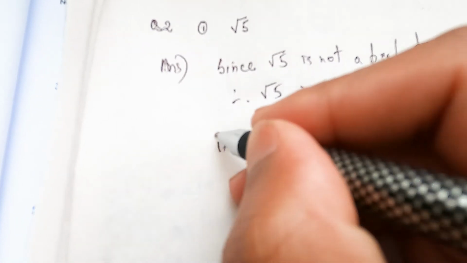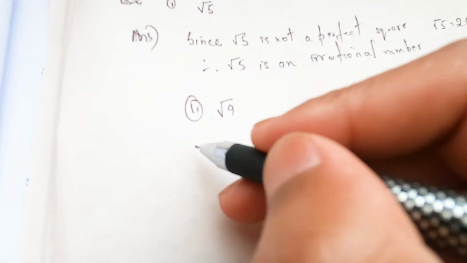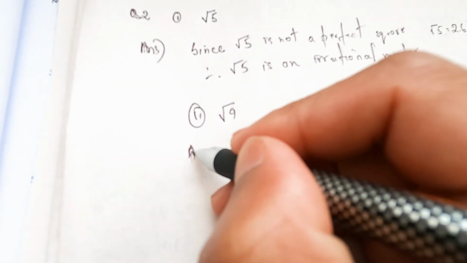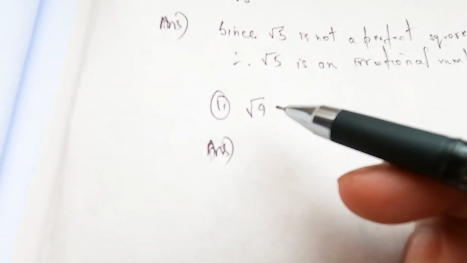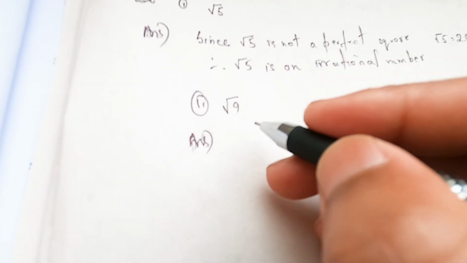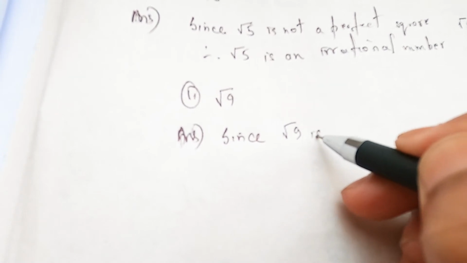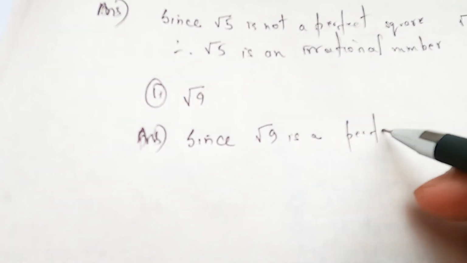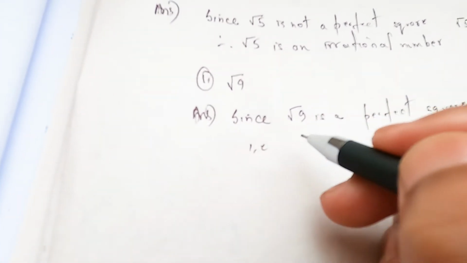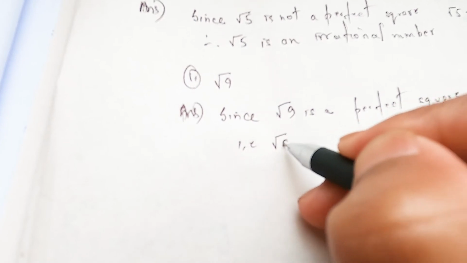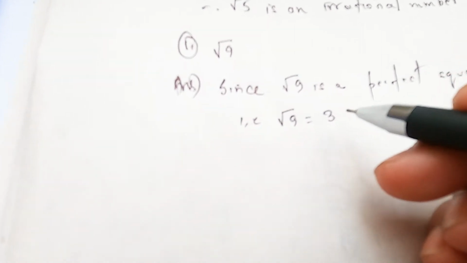Now number 2 is root 9. The square root of 9 will be 3. Therefore you write here: since root 9 is a perfect square, the square root of 9 will be 3.